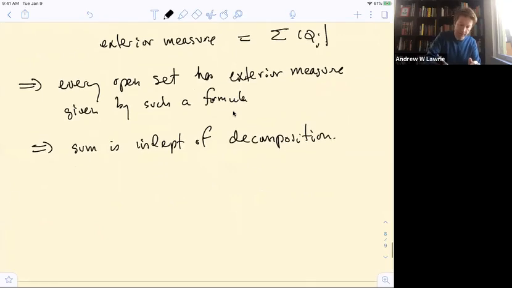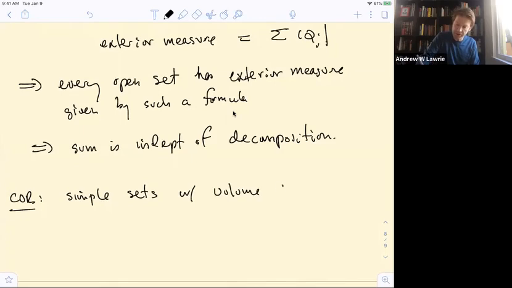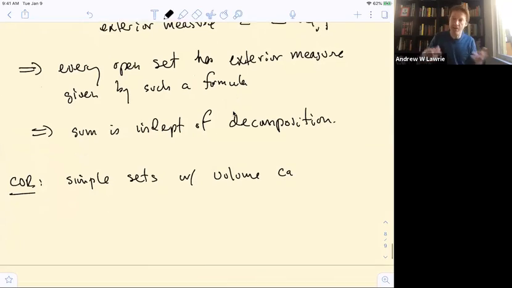And a corollary of this is that simple sets with volume calculated by integration. So remember, in your vector calculus class at some point, you probably started computing the areas of sets by integrating the function 1 over that set. That volume that you defined in calculus is exactly given by the exterior measure of such a set.